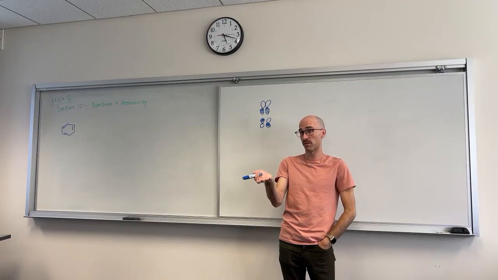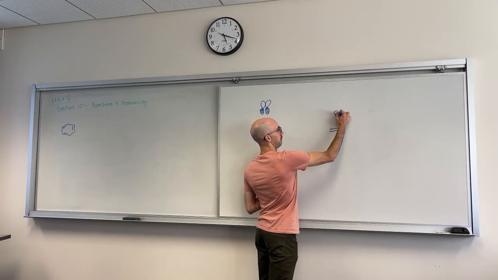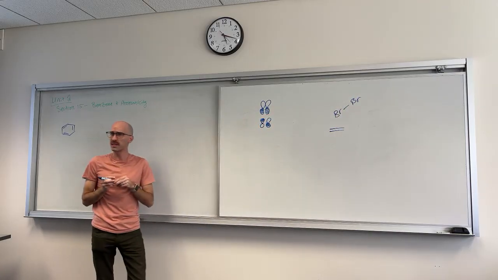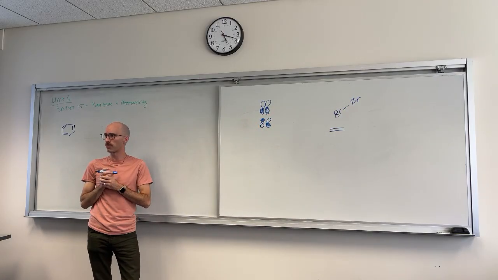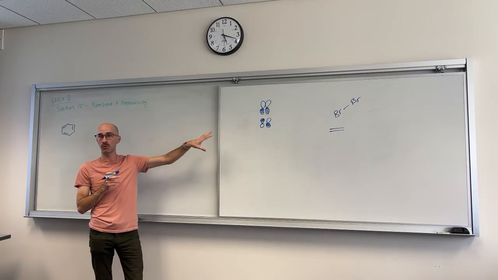I gave you an example of this when I showed you, what was it? In the first week or second week, I showed you the orbitals involved in the formation of the halonium ring.